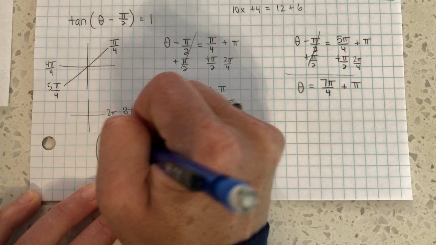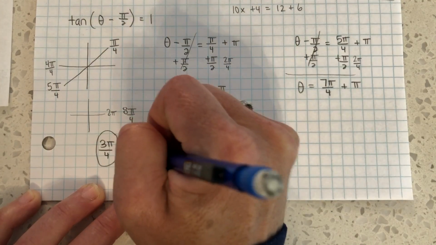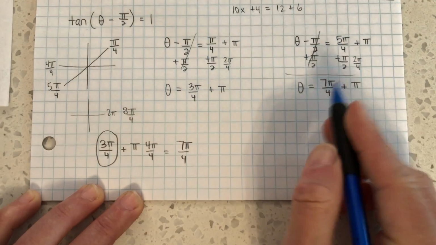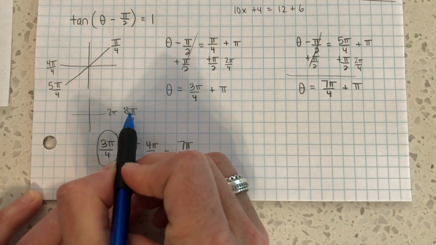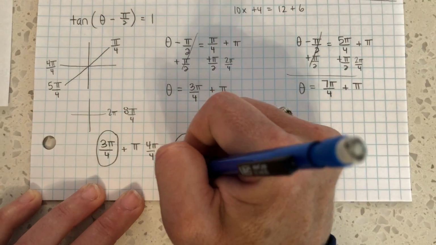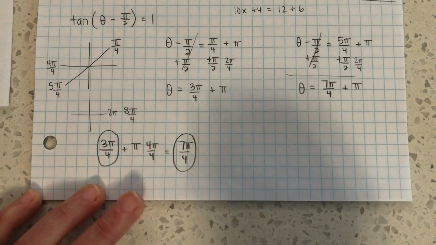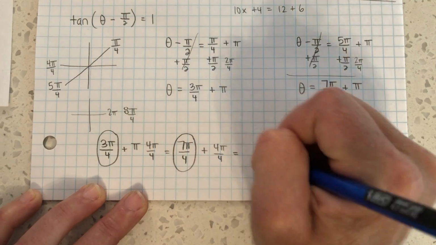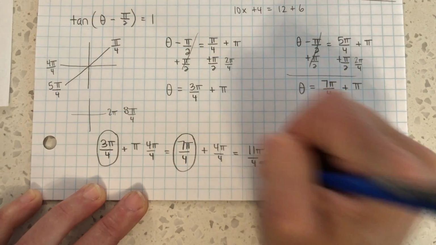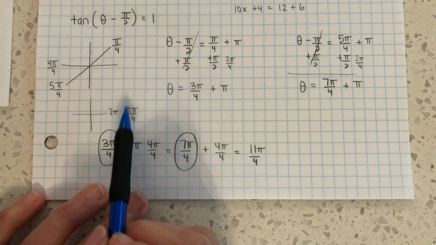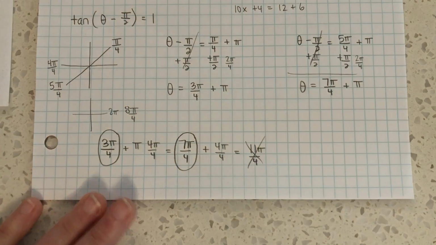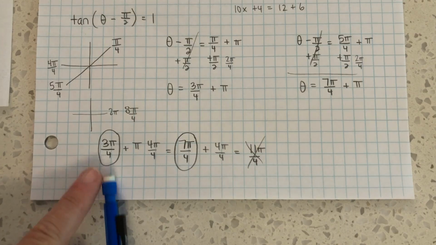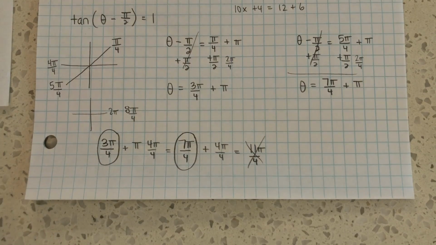All right, so plus pi, which again is 4 pi over 4, and that equals 7 pi over 4, which is that answer that we already knew, and it's also less than 8 pi over 4, so we're going to keep him as an answer. Now, add on another period, add on another 4 pi over 4, and you get 11 pi over 4, which is definitely bigger than 8 pi over 4, so it's not an answer. So really, the only angles that are going to make this equation true are 3 pi over 4 and 7 pi over 4, and you're done.